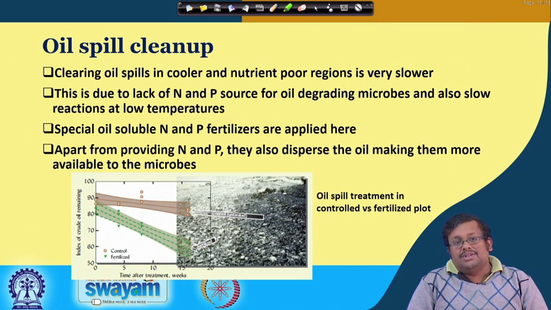One is bioaugmentation, another is biostimulation, and we talked about the differences, and how oil spill cleanup takes place. So I hope you got a basic idea about this bioremediation, and we'll be also discussing that later on.